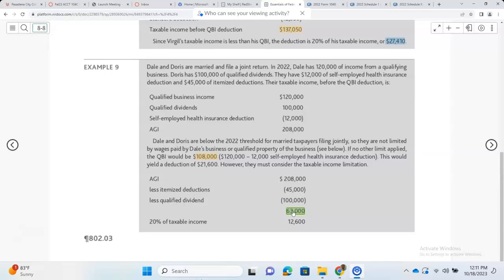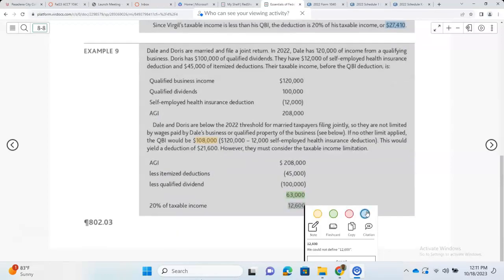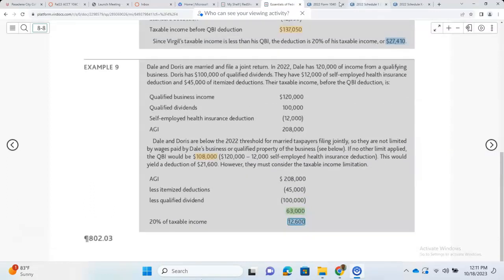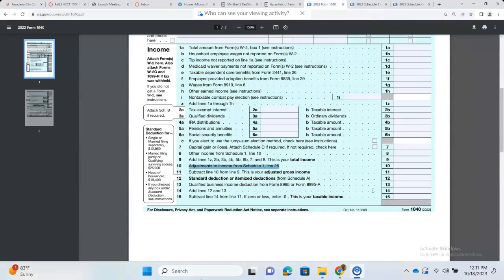So it ends up being 63 times 20%, which gives you 12,600. So $12,600, that's the number that goes in for 1040 line 13. Make sense?